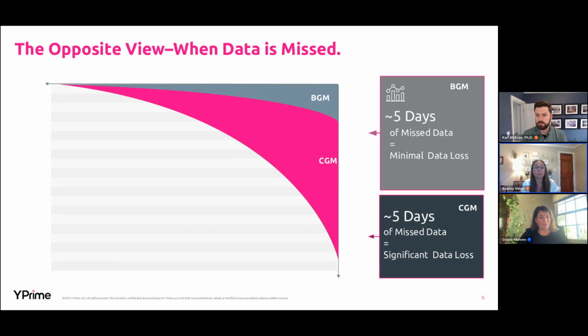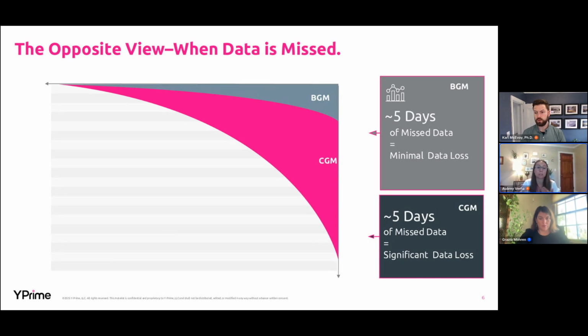I think there's also device malfunctioning issues that we need to look at. So whether it's a sensor insertion error or if the CGM isn't calibrated correctly, there are additional areas of data loss or data inaccuracy that we have to really look at for CGM.